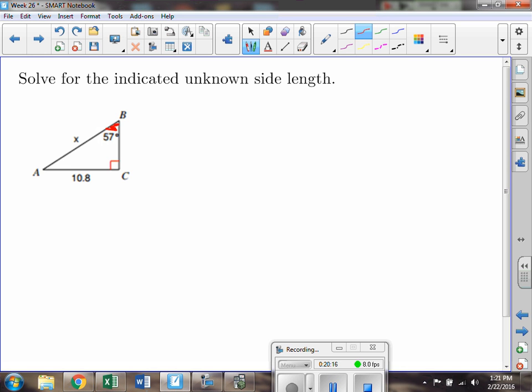Based on the 57-degree angle, x is the hypotenuse. And 10.8, that's opposite. So I could set this up. Sine of 57 degrees equals opposite over hypotenuse. And so we've set it up correctly.